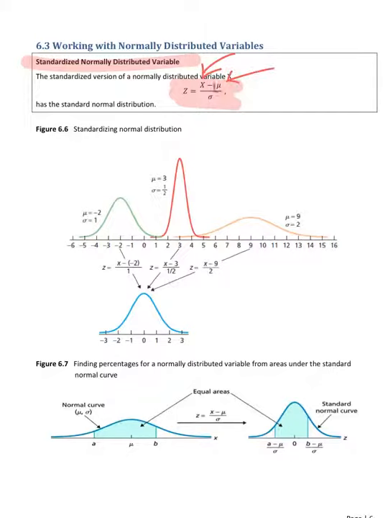It was the mean. For the IQ example, the mean was 100, so take off the mean. And what was the sigma? The denominator? It was the standard deviation.